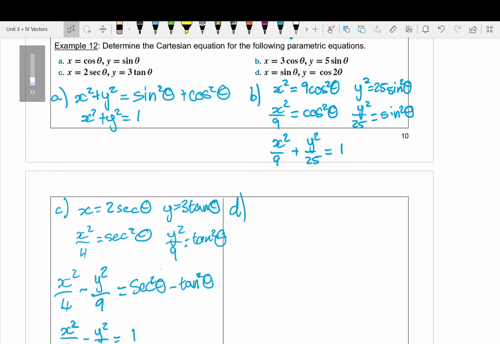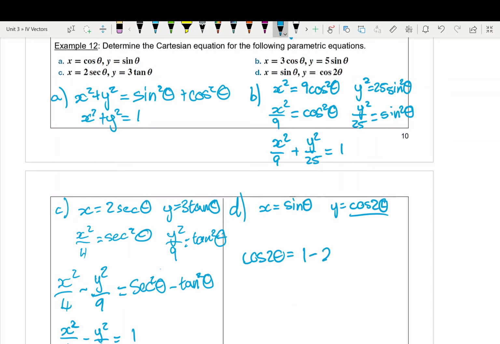Carrying on to part D, we have x equals sine theta, and we have y equals cosine 2 theta. For this one, we have to take a different approach, using the identity that cosine 2 theta is equal to 1 minus 2 sine squared theta.